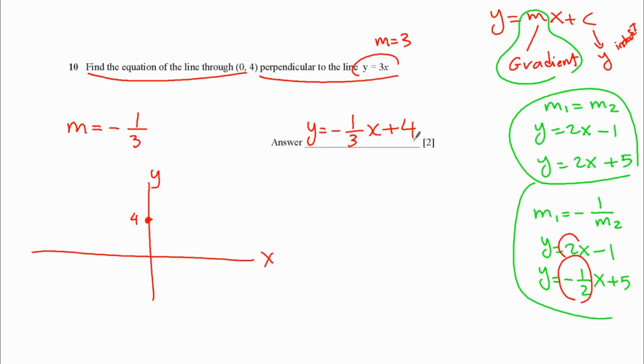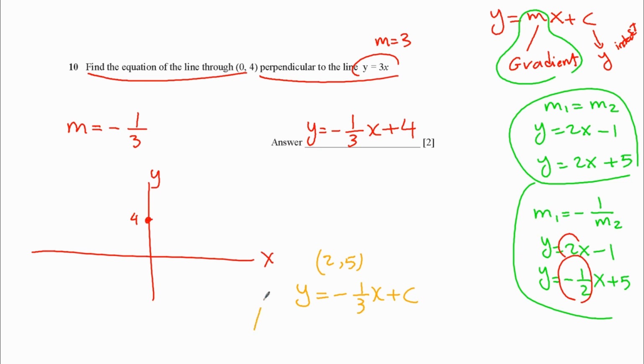If the problem was slightly harder than this, and had said, just as an example, that the line passes through (2, 5) rather than (0, 4), which would not directly give us the y-intercept, then based on the gradient that we have, we know that the equation of the line would be y equals minus 1 over 3 x plus c, and that c is a y-intercept that we don't know in that case.